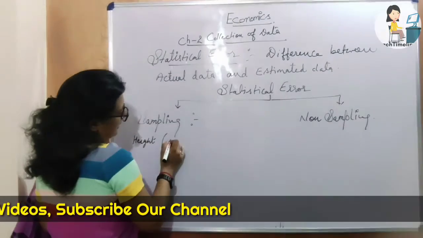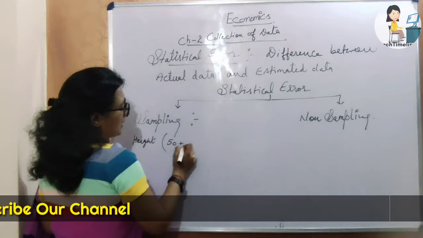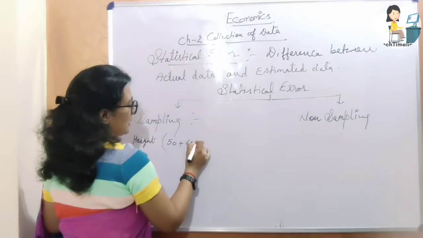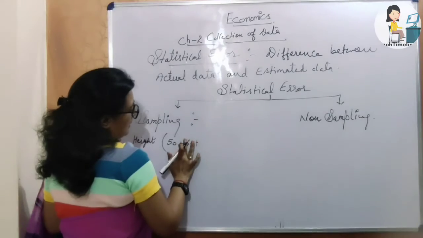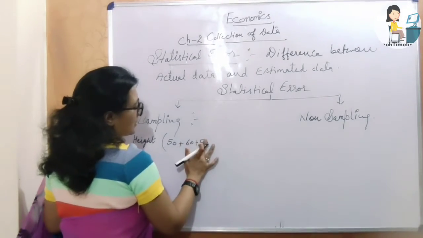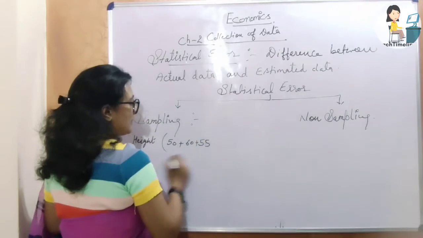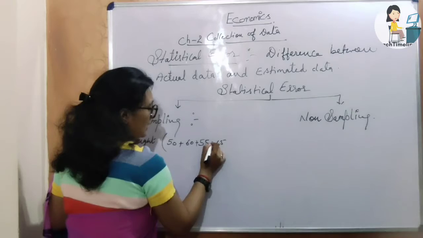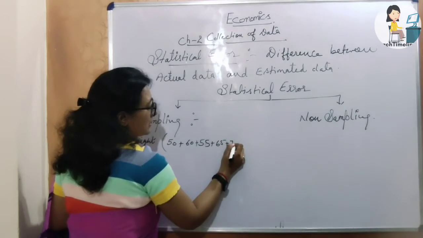We will take the height of 5 people: 50, 55, 60, 65 and 70.